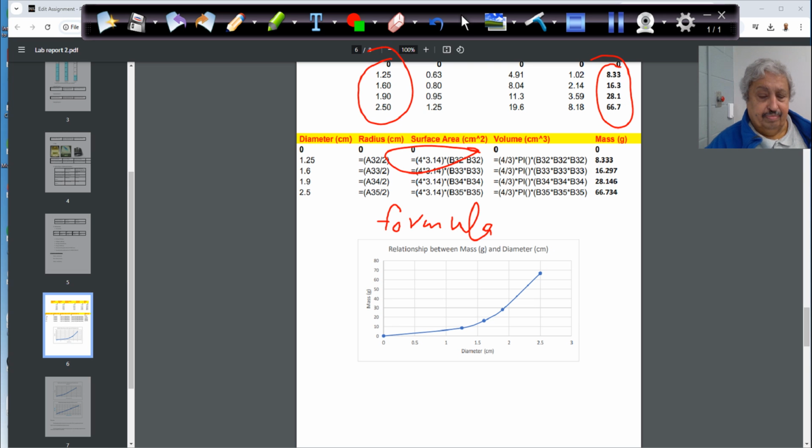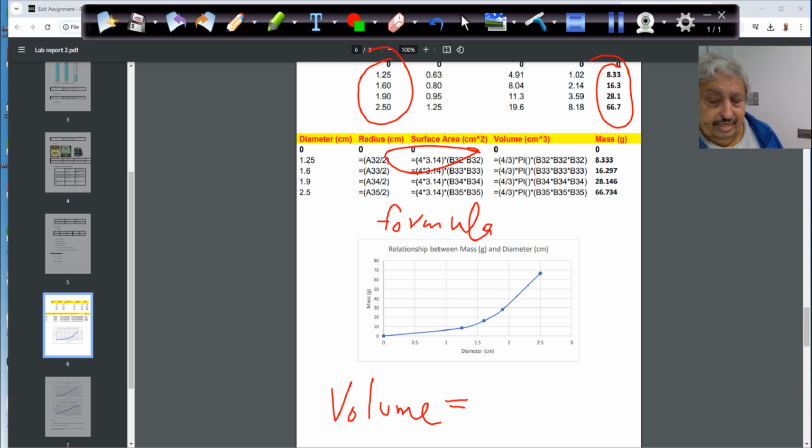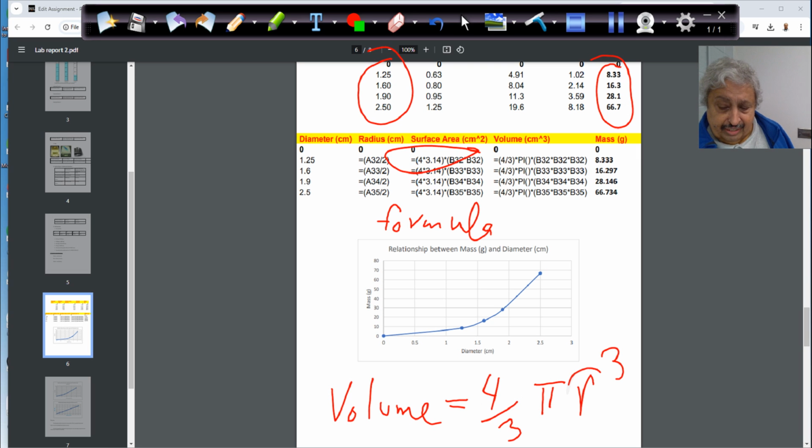So the volume of a sphere is 4/3 pi r cubed. Now, I did not measure r cubed. So instead of r, I will use 4/3 pi times diameter over 2, cubed.